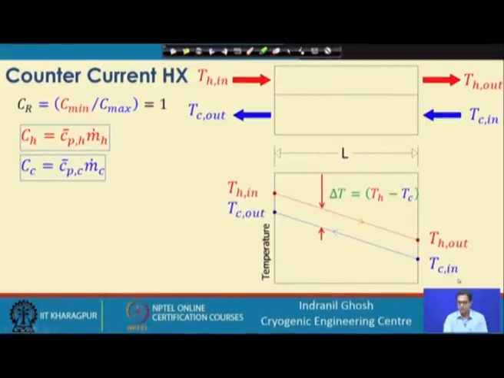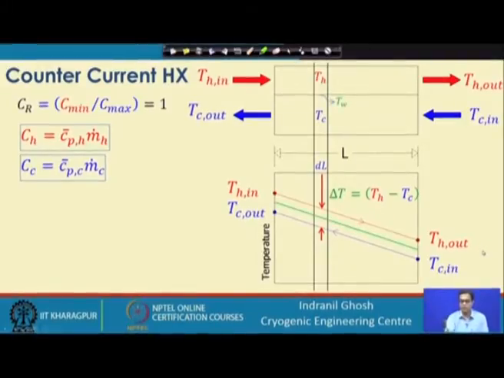In that situation only can we expect this kind of temperature profile. Here we have Th in, Th out, Tc in and Tc out. Now, if we take a small elemental length dL across the length of the heat exchanger, this is Th and this is Tc, and we also assume that the wall temperature is Tw. This Tw is varying from this end to this end.